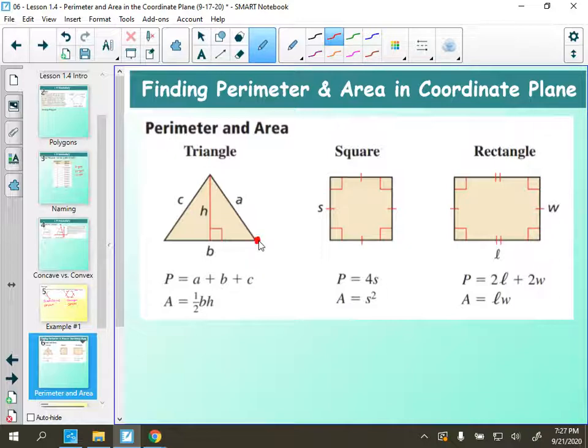I've got 3 vertices on this triangle here. Well, the 2 vertices that make up the base, whatever side we want to call the base, are right here and right here. Where's the third one? Right up there. So when I want to find my height, I go from that third vertex straight down and hit my base, and then that's the number I need to use for my height.